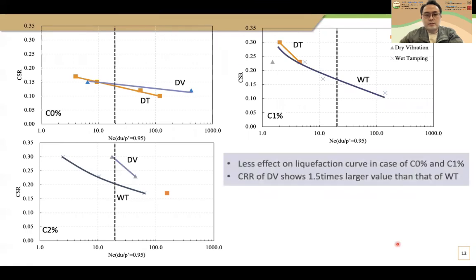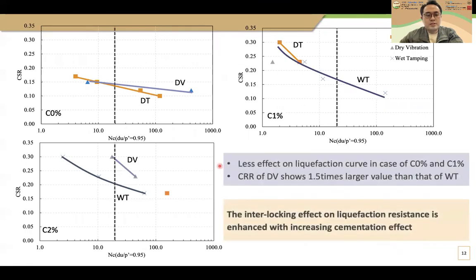So this is the final result of our studies, in which the horizontal axis shows the number of cycles and the vertical axis shows the CSR. As you can see, in the case of C equal to 0% or 1%, little effect on the liquefaction curve was observed.